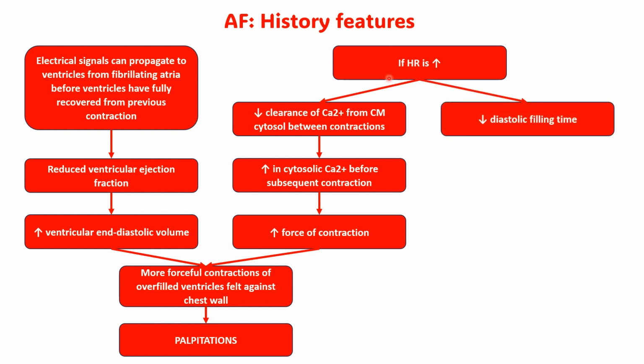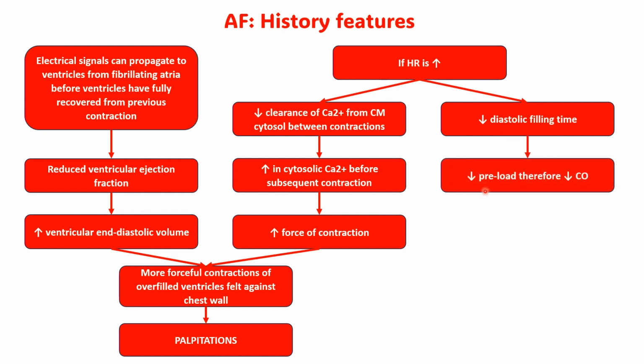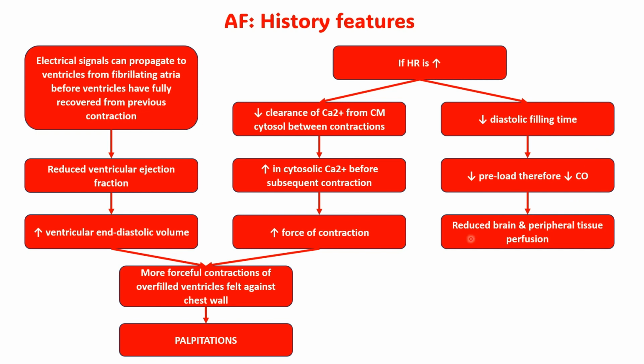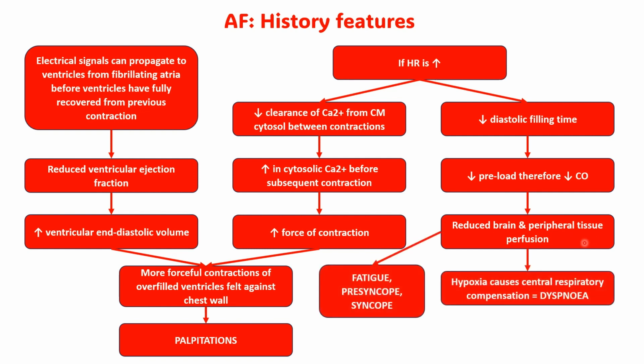So also, if we have an elevated heart rate, there's a reduced diastolic filling time, there's reduced preload, and therefore a reduced cardiac output. That therefore means there's going to be reduced brain and peripheral tissue perfusion, and I bet you can already think about some of the complications of that.